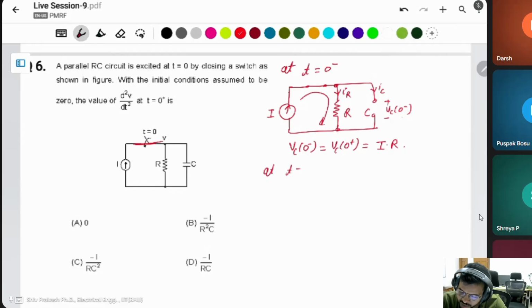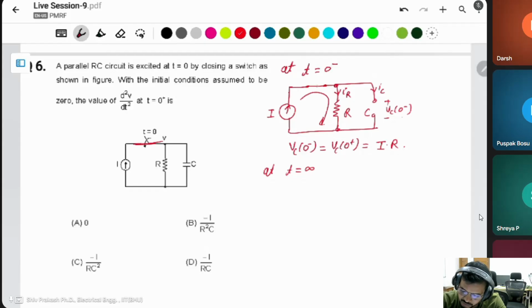At t equal to infinity, you can say t greater than 0. Sorry, the initial condition is given as 0 and the circuit is not closed at t equal to 0.